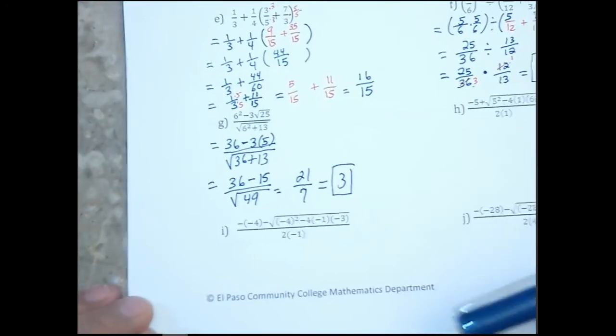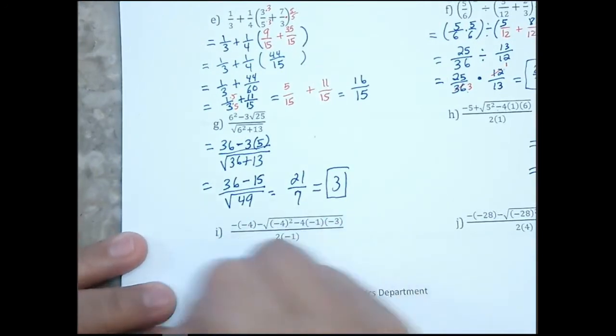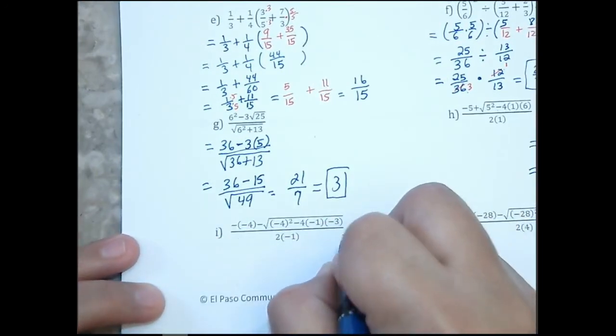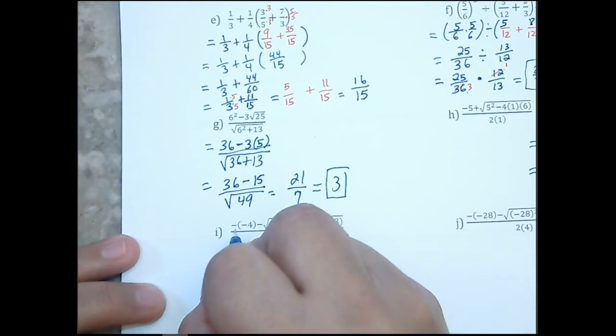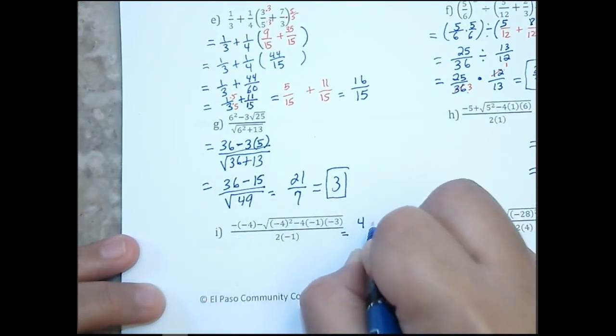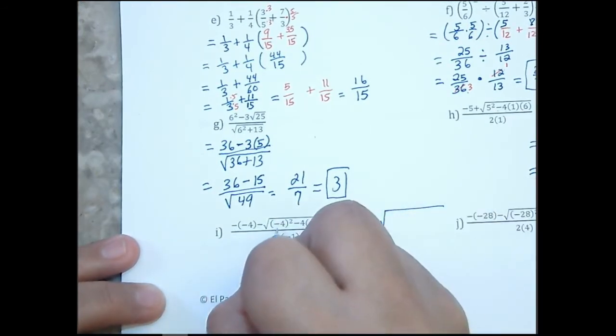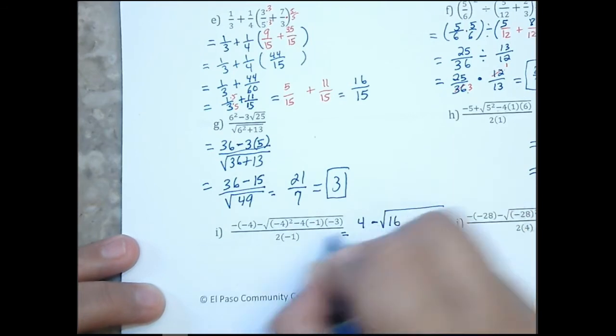And let's go to I. So here we're going to have, negative times negative is positive 4. Negative 4 squared is 16.